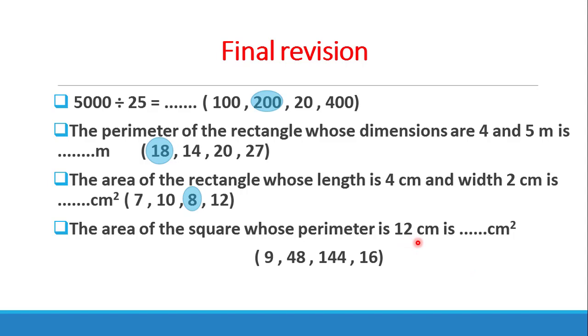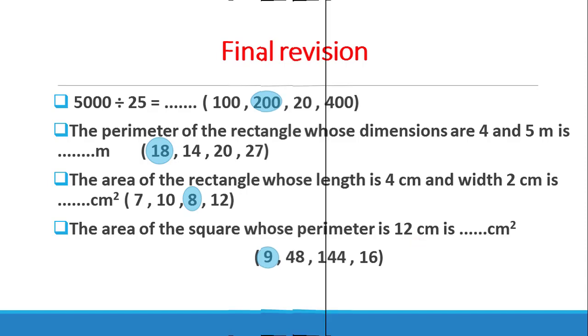Then multiply 3 times 3 equals 9. If you want the area of a square, you should look for the side length, not the perimeter. If you have the perimeter, divide the perimeter by 4, then multiply the result by itself.